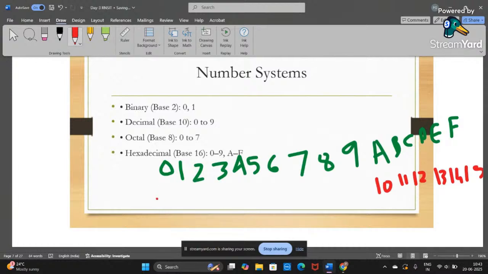First, they have written from 0 to 9. Then for 10 to 15, they have taken alphabets from A to F. Remember this. The value of A is 10 and for F is 15.